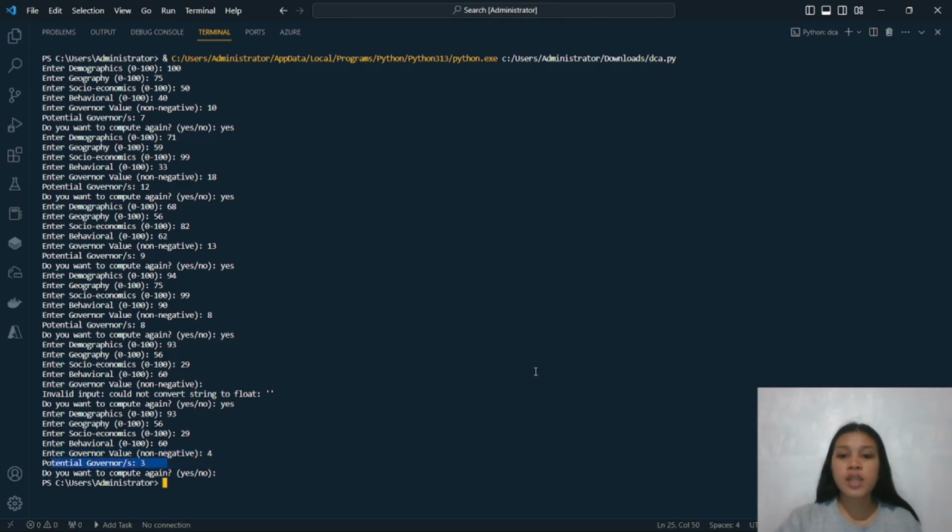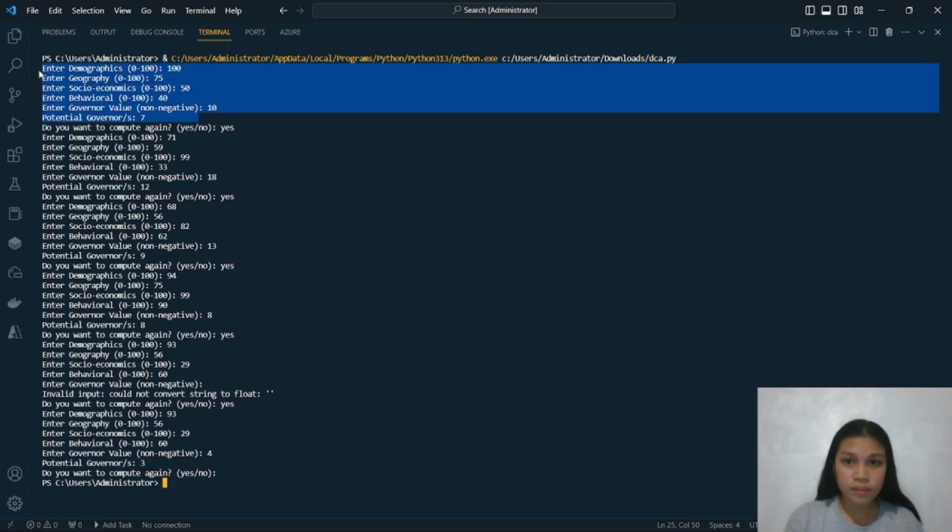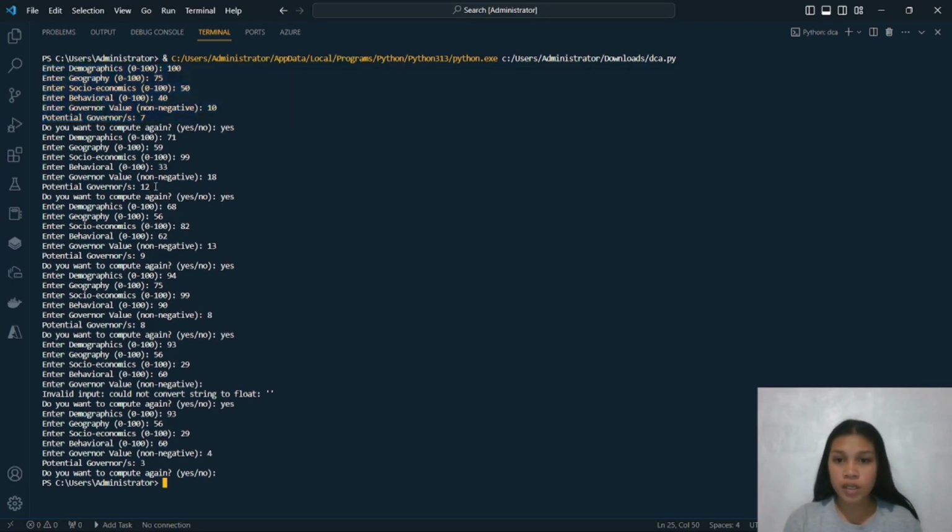In the first test case, we computed the high demographic and geography. In the second case, we computed the strong socioeconomic.